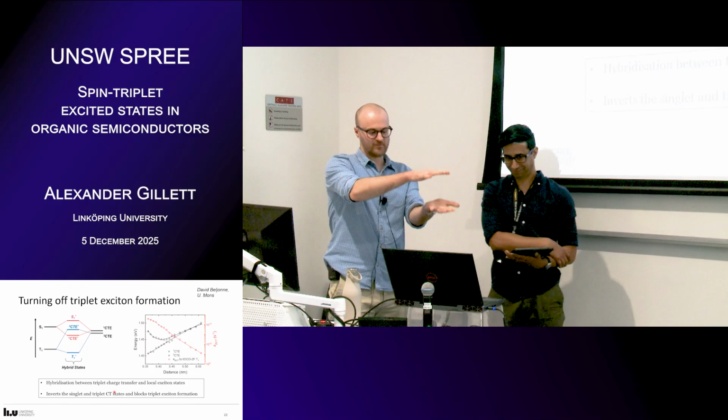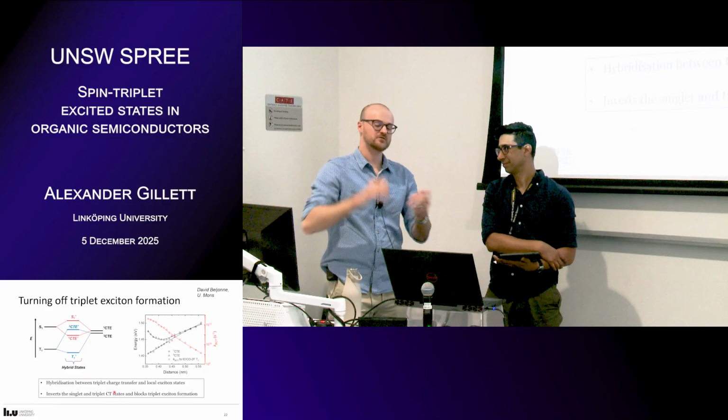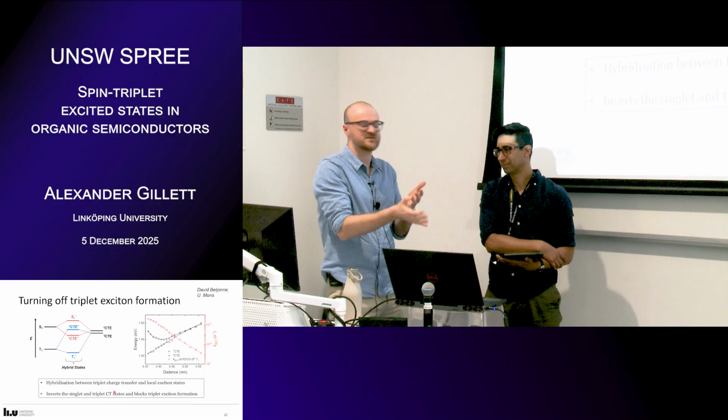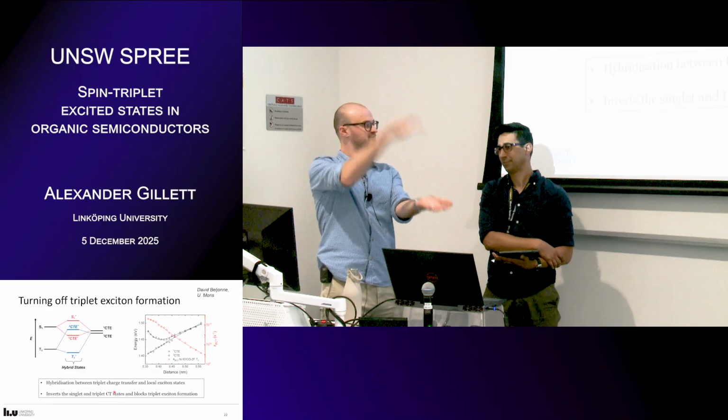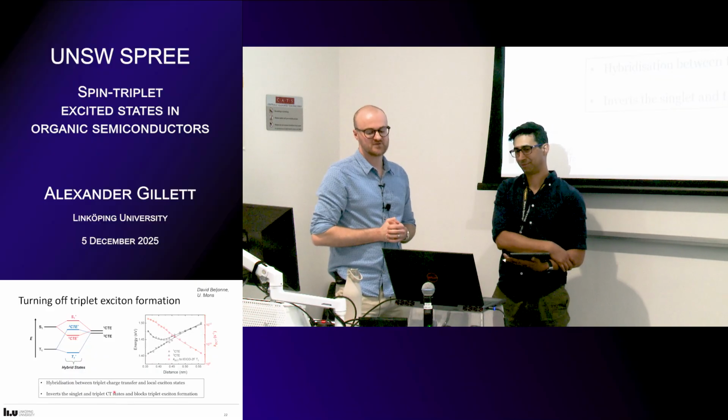Then in the model, they just increase the distance and see what happens. So it's not reality, of course, but it's showing that if your electron and hole sit further apart, maybe due to morphology or different interface packing, that's what happens. So it's a toy model, but it can be quite informative.